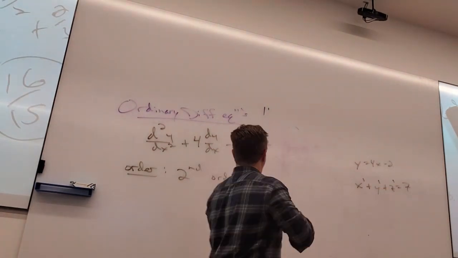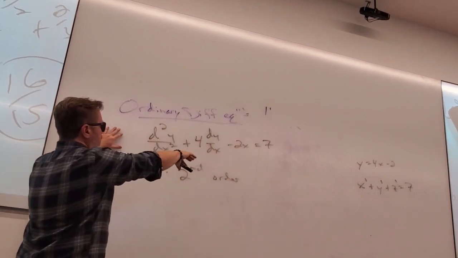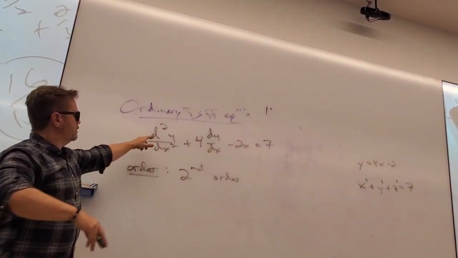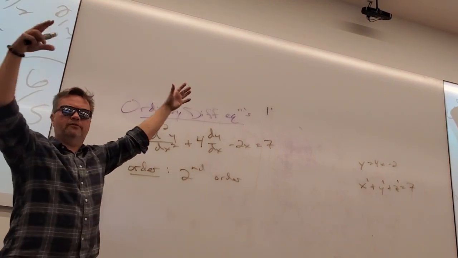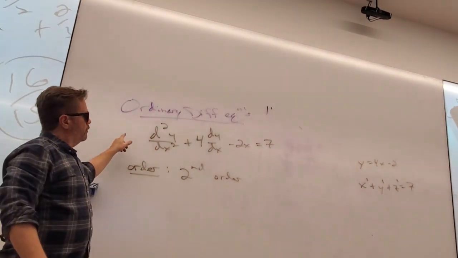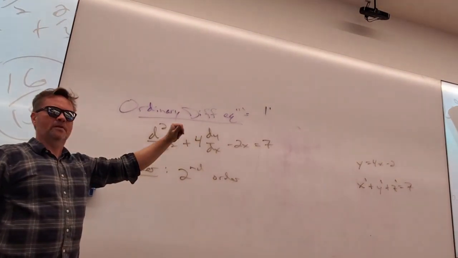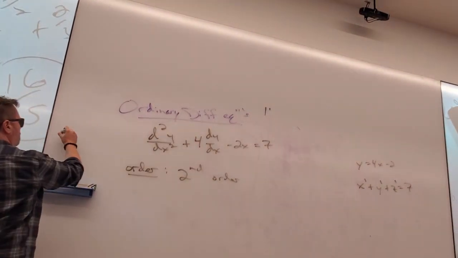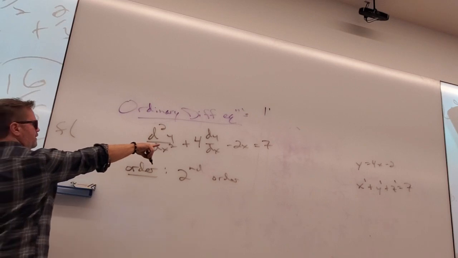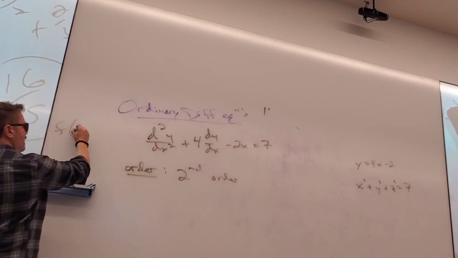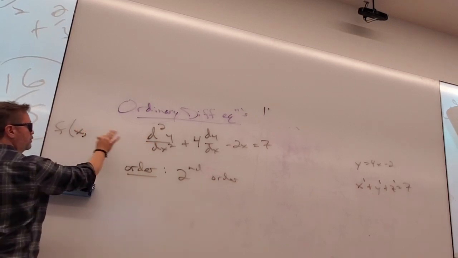Okay. So what about this? Order has to do with the highest derivative we're doing. Linear is not that. So what are the variables involved in this equation, by the way? There's an x. There could be a y.